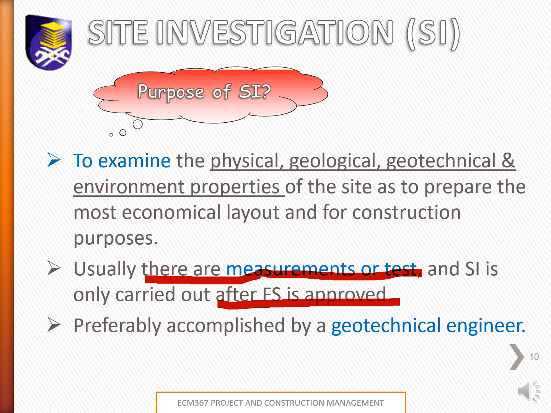The party or individual responsible for being in charge of this site investigation is preferably a geotechnical engineer.